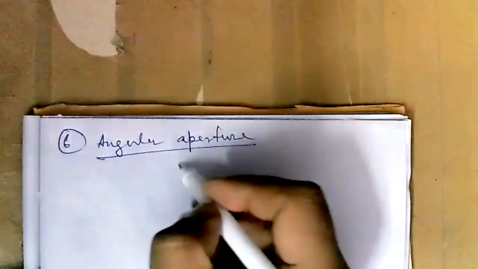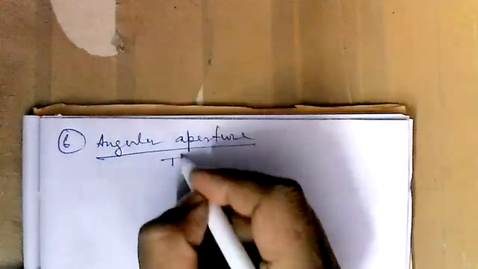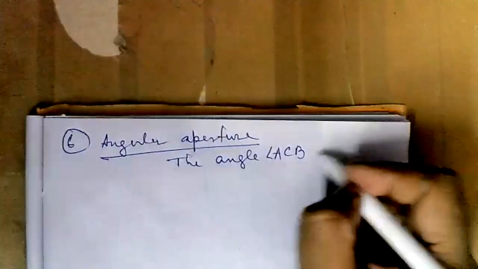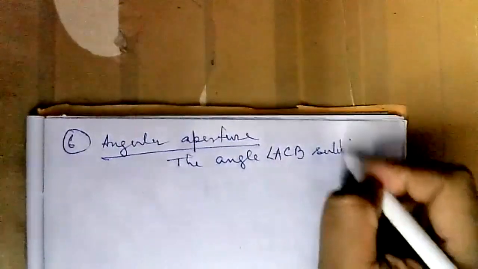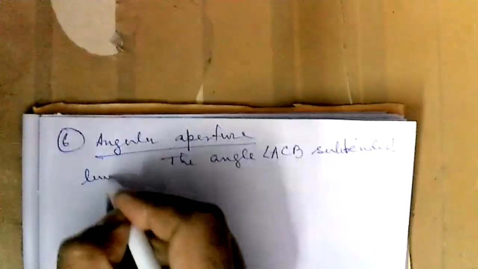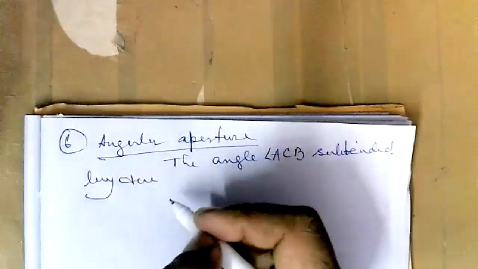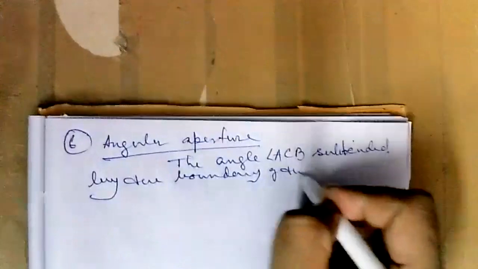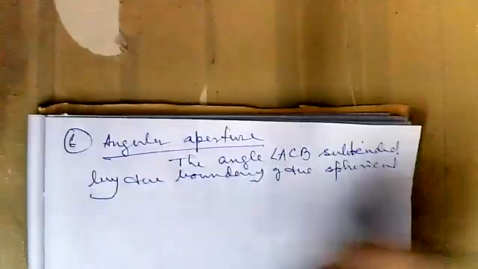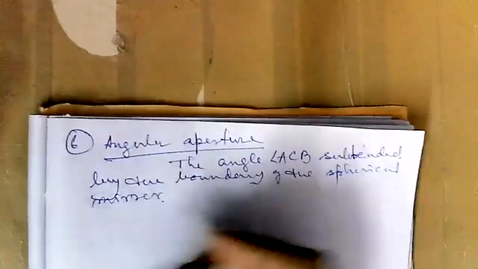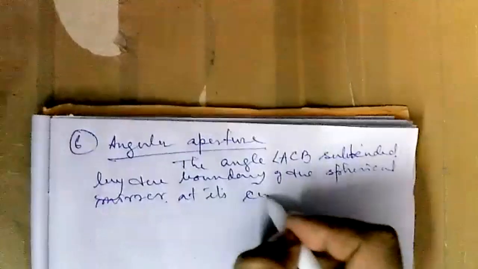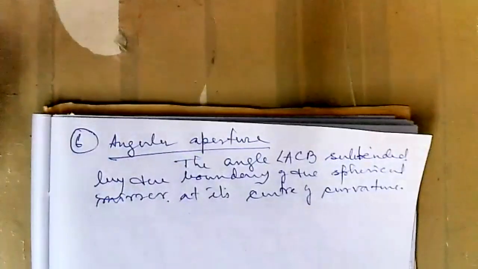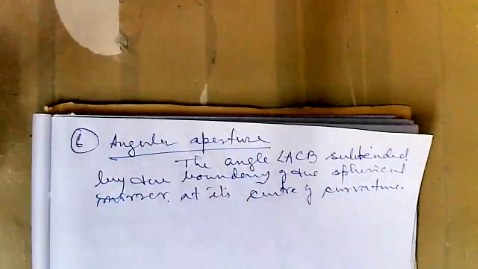So it is the angle ACB subtended by the boundary of the spherical mirror at its center of curvature. That is called angular aperture.